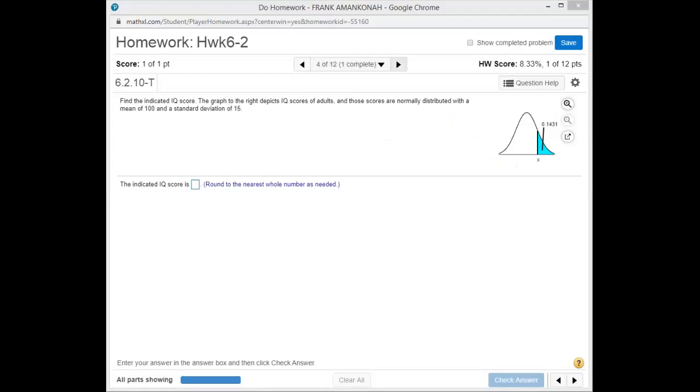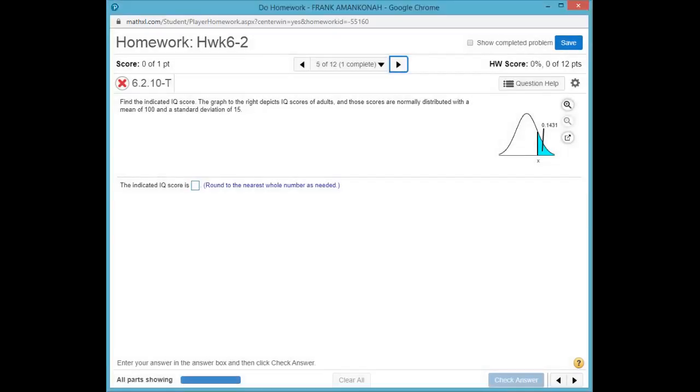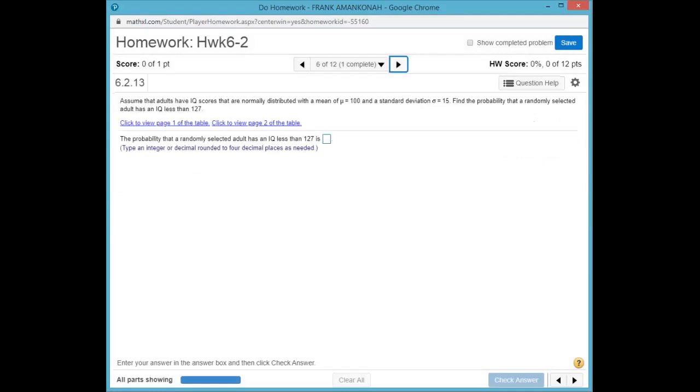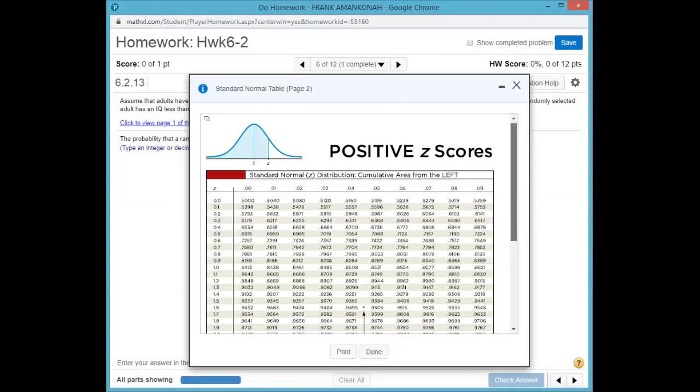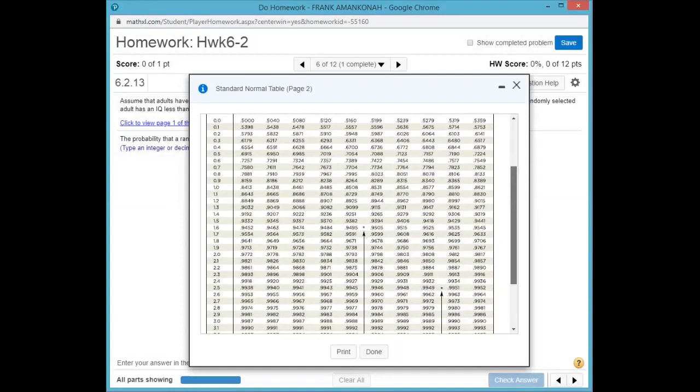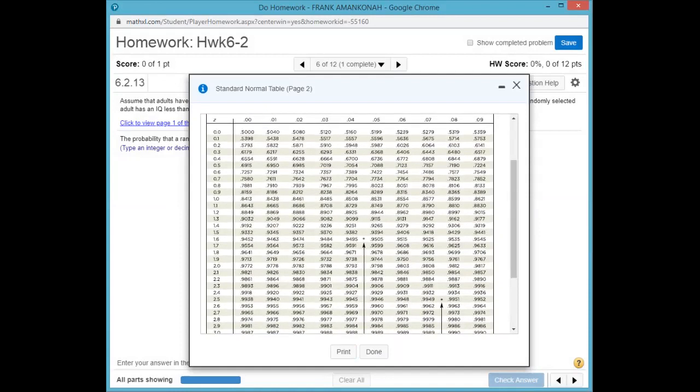Okay. So I'm going to pick a table. Let me pick the table from here so that you can see what I did. Okay, in the body of the table, I'm looking for 0.8569.